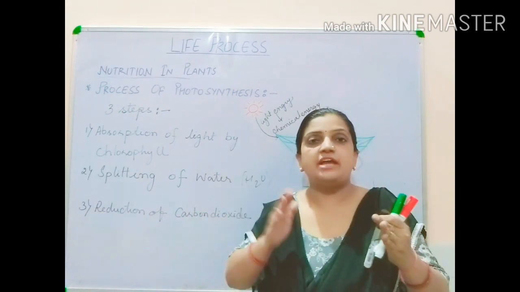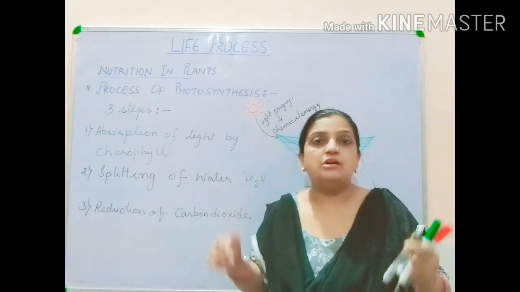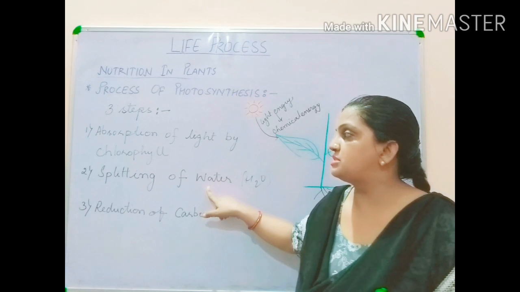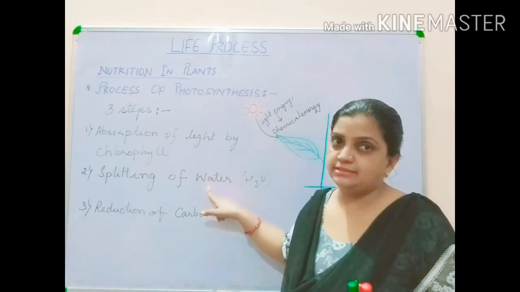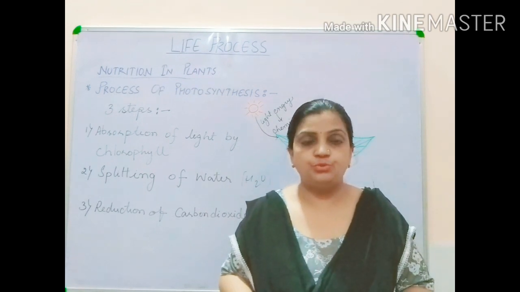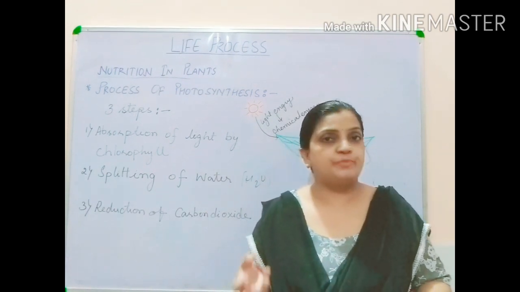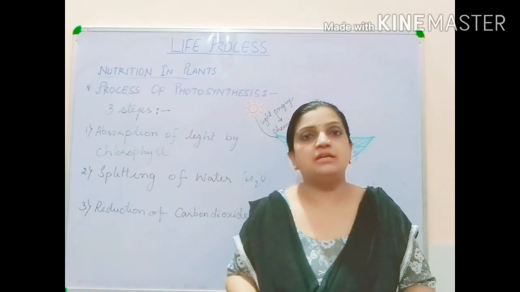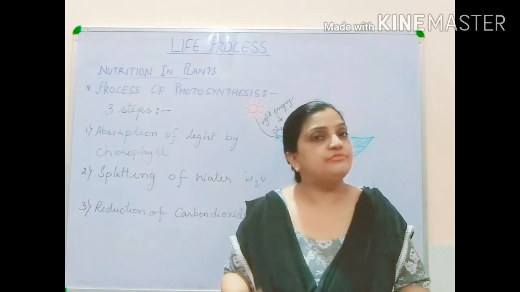So oxygen and OH get separated from each other. So oxygen is produced by the process of splitting of water during photosynthesis. So if the question is asked from where the oxygen is produced in the process of photosynthesis, oxygen is produced from the water, from the splitting of water.